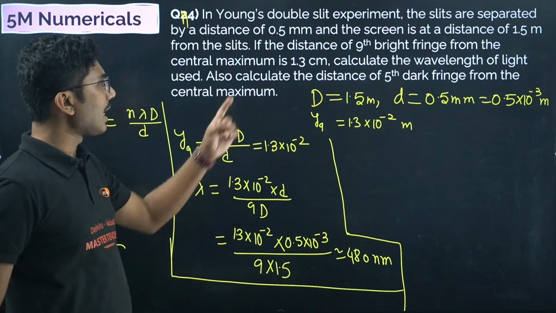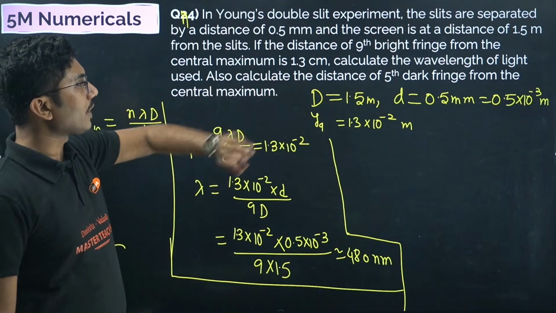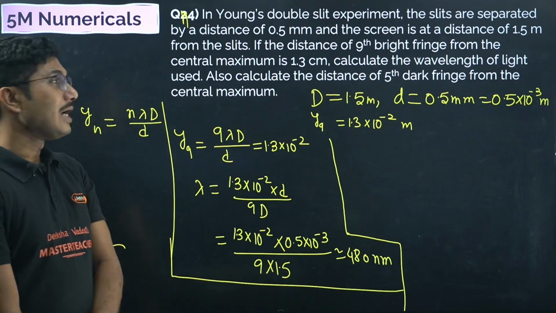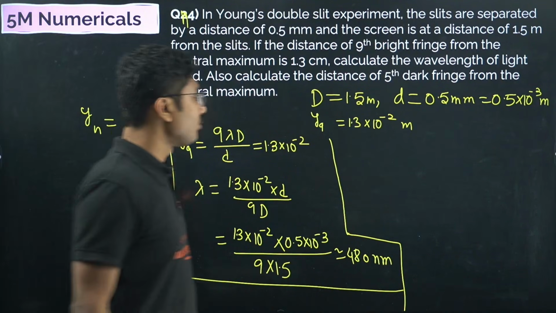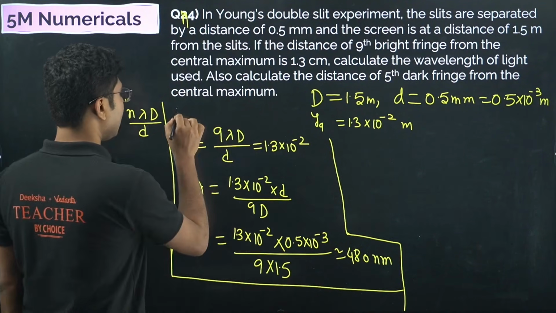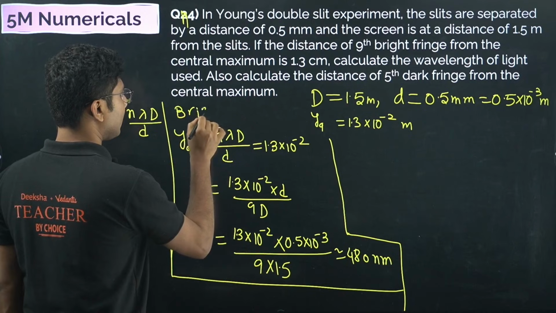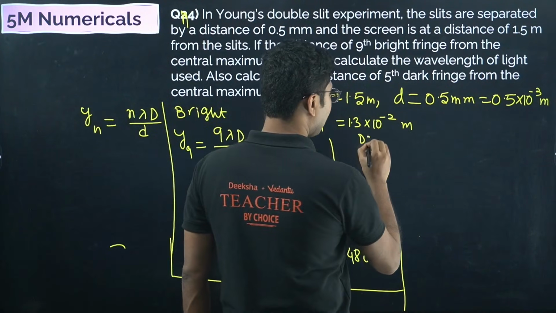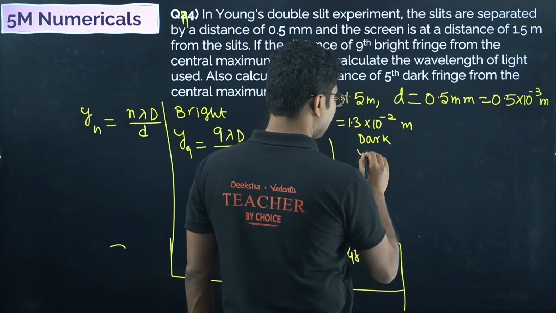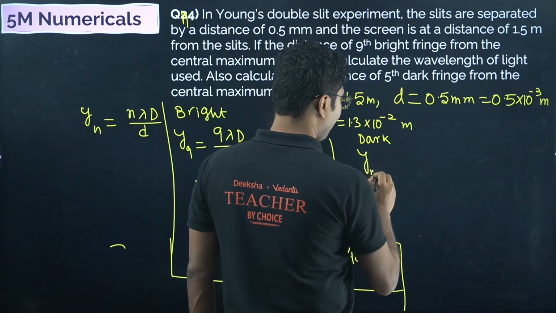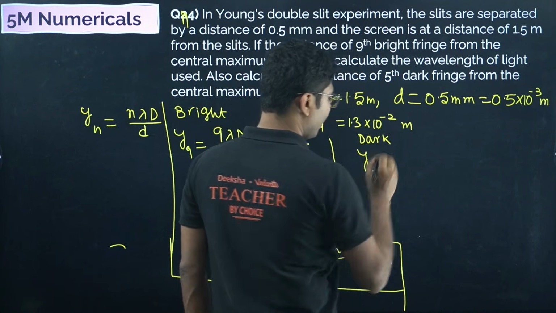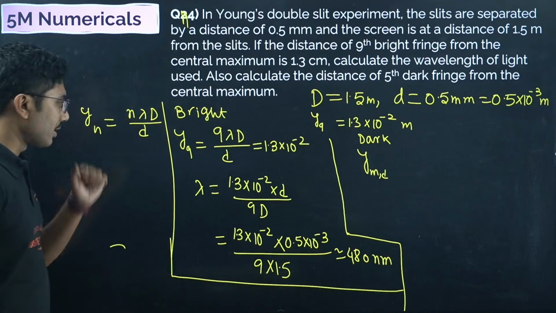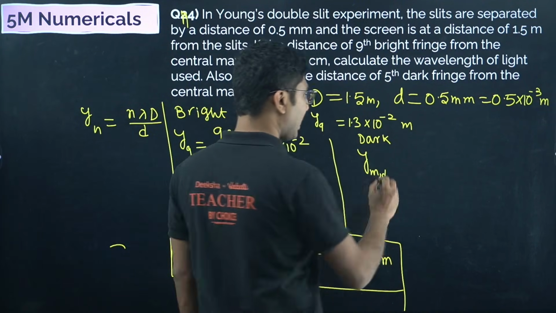Now what about the last part, where they have mentioned to also calculate the distance of the 5th dark fringe. The formula for dark, this is for bright, by the way. For dark, the formula stands: Y_M,D, where D means dark fringe, is given by (2M minus 1) lambda D by 2 small d. I used N for bright, so let me use M for dark.